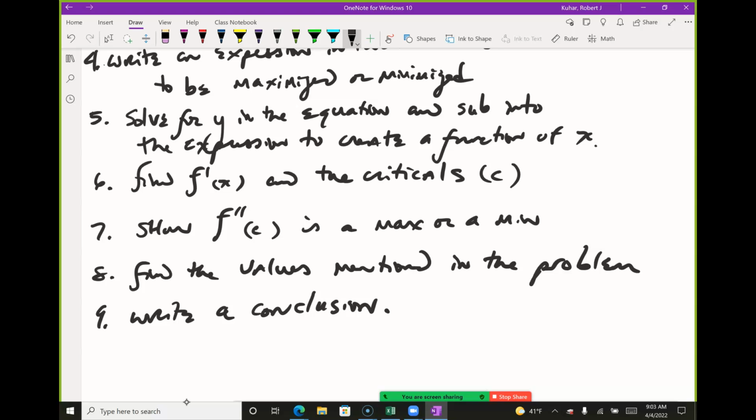So we found the maximum of this with the side of this and an area of that, and we knew it was a max because of the second derivative test, yada, yada, yada, right?